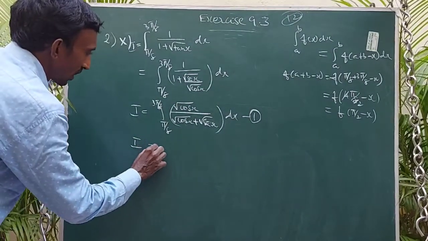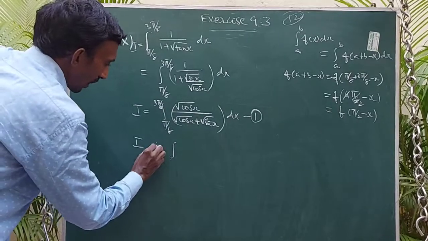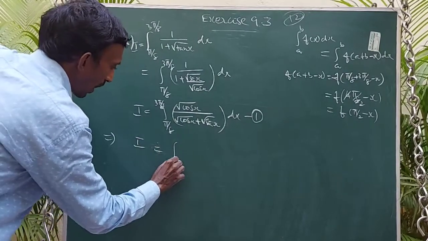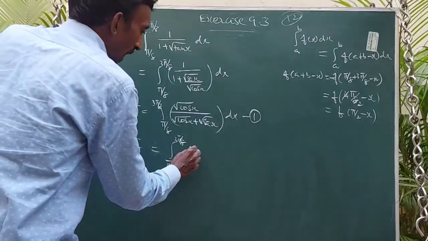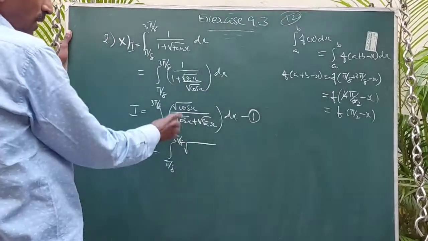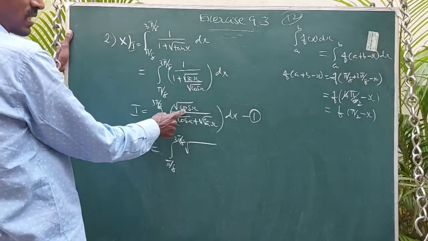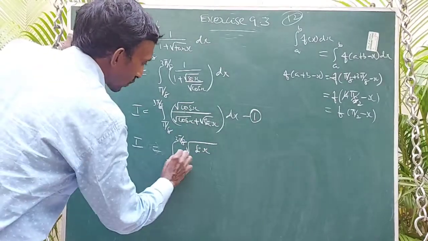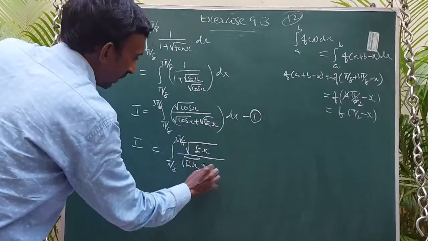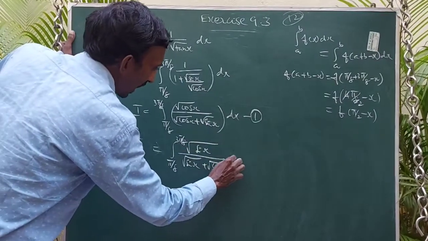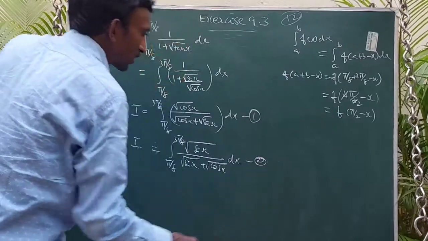Which implies I equals integral pi by 8 to 3 pi by 8, applying this property, cos of 90 minus theta is sin theta, so root sin x by root sin x plus root cos x, since sin of 90 minus theta is cos theta, into dx. So take it as 2.